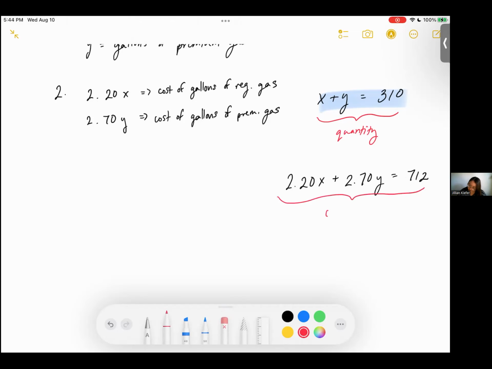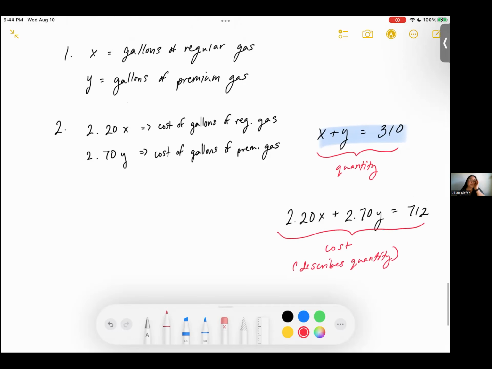This was cost. And cost, all it really does is it describes quantity. So for this specific problem, we had quantity and then how much that quantity cost. But this happens a lot with these types of problems. The types of problems that you will run into is that you have something like an amount, a quantity of some kind, maybe time, gallons, any number of things that can be this quantity aspect.